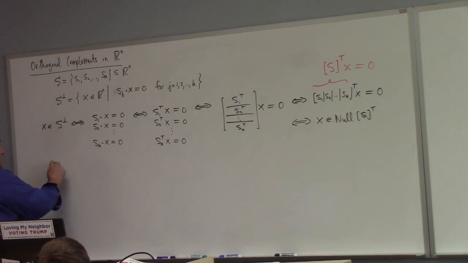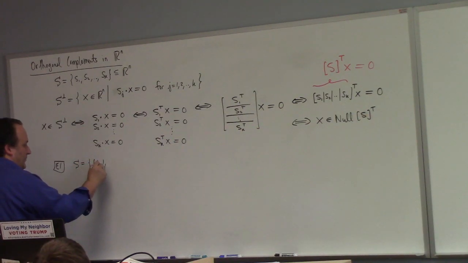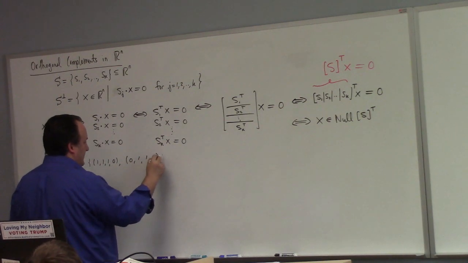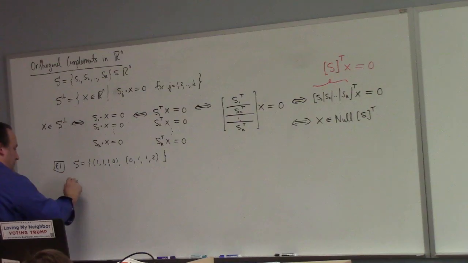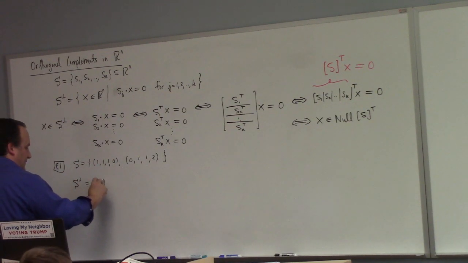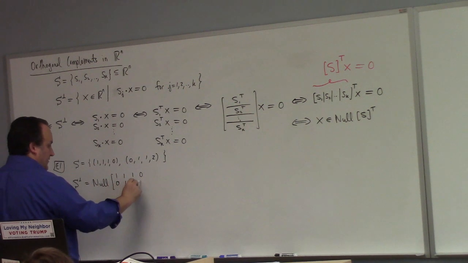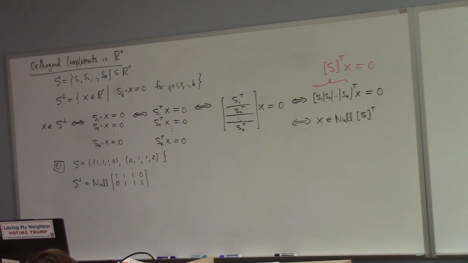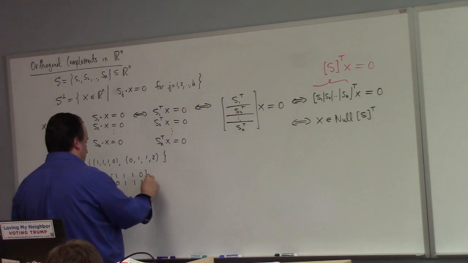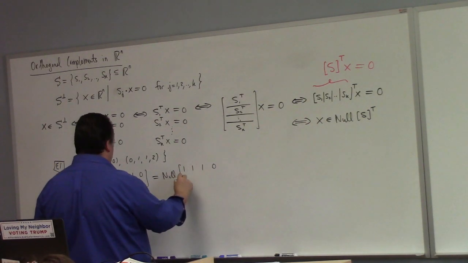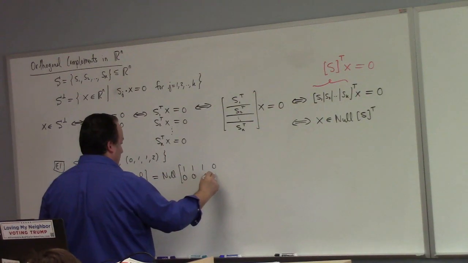Like example 1, suppose S is equal to, I don't know, the vectors 1, 1, 1, 0 and 0, 1, 1, 2, let's say. To find S perp, I'm looking for the null space of the matrix with rows 1, 1, 1, 0 and 0, 1, 1, 2. And of course then I can just do row operations. That's the same as the null space of 1, 1, 1, 0, 0, 0, 0, well, 2.